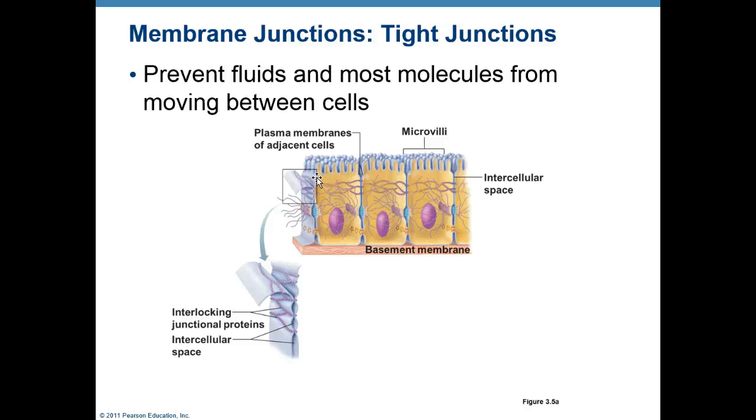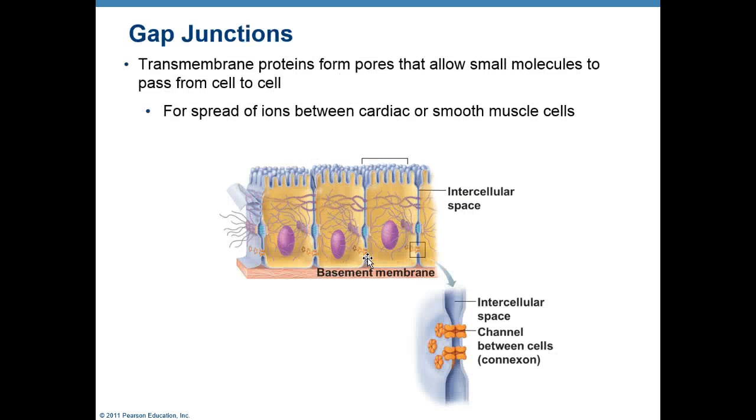So think of your stomach as basically a bag of acid. You don't want that acid to leak out of your stomach. So the cells that line the inside of your stomach will have these tight junctions to keep the hydrochloric acid in your stomach so it doesn't work its way into the deeper layers of your stomach wall and start digesting it.